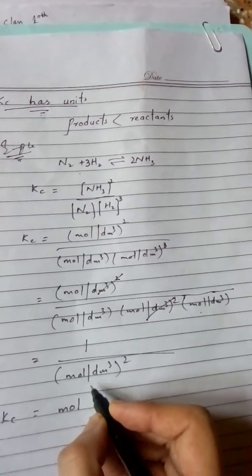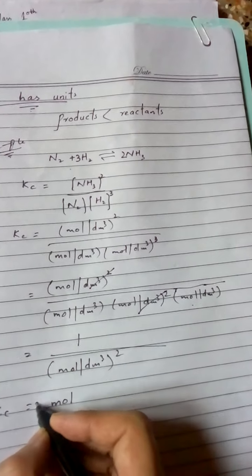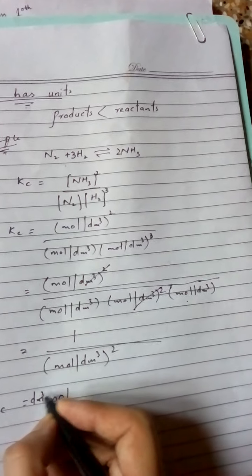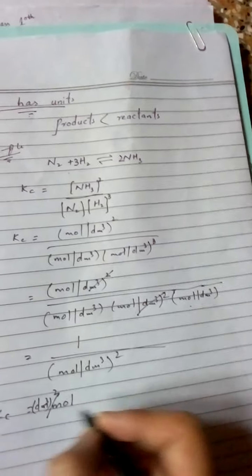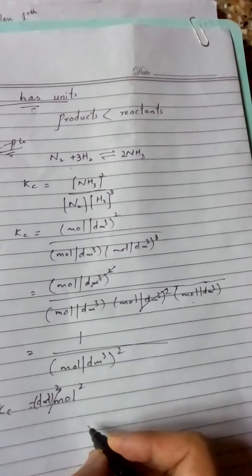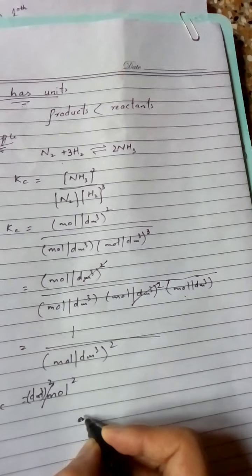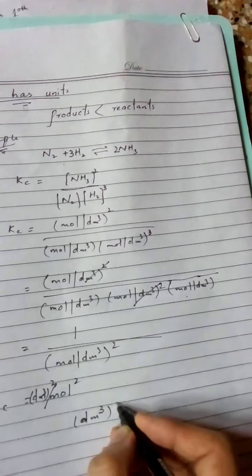Or we can also write it in this way: decimeter cube whole square per mole square.